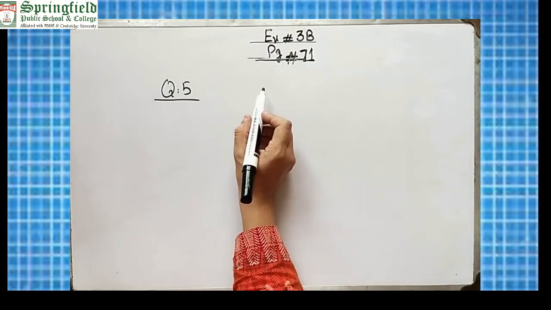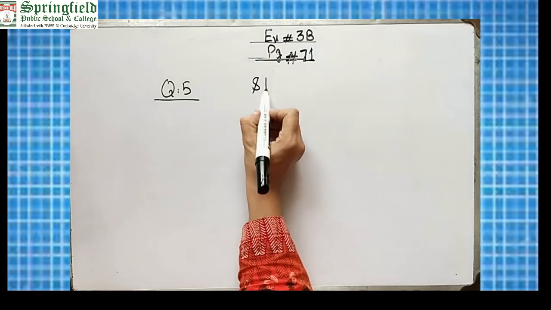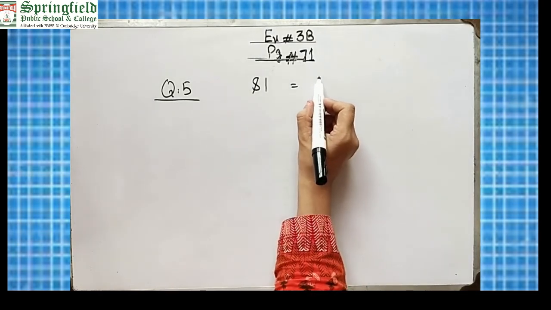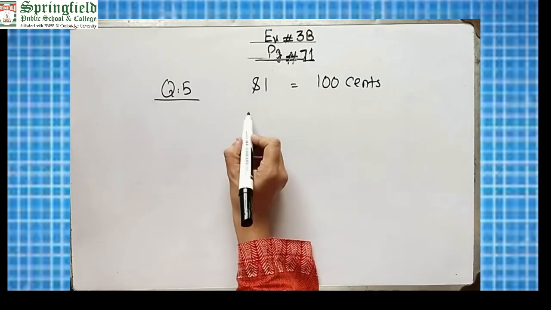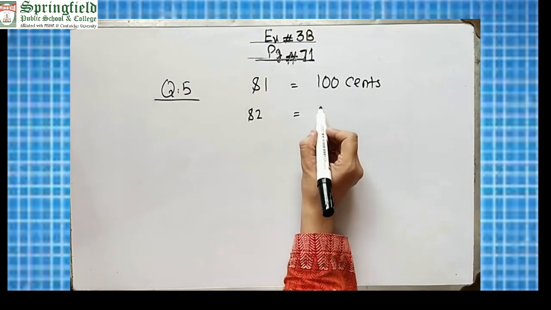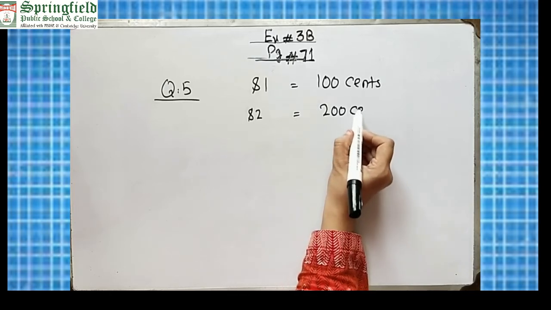And beta, keep in mind that $1 is equal to 100 cents. Then $2 will become how many cents? 200 cents.